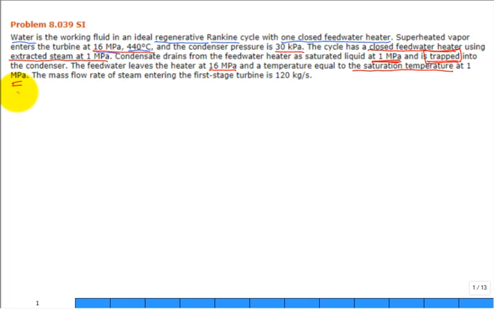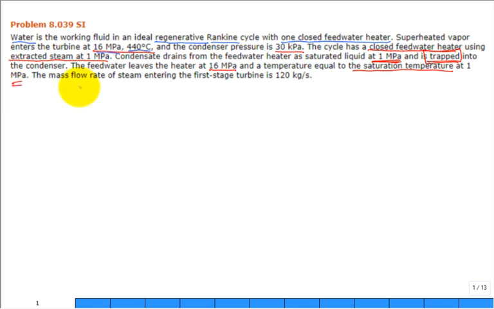They often tell you both the temperature and pressure of the fluid leaving the closed feed water heater, and then it's going to go toward the boiler or steam generator. So it's already at 16 megapascal when it leaves the feed water heater. It doesn't need any more boosting, no more pumps needed. And it has a high temperature equal to the saturation temperature at 1 megapascal.